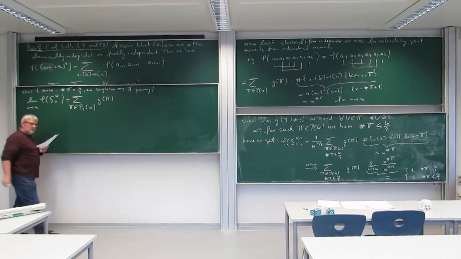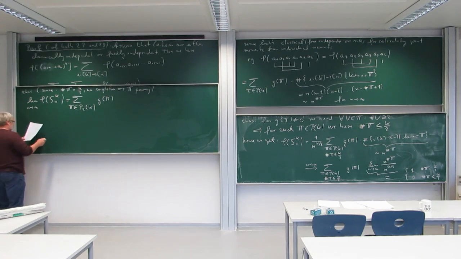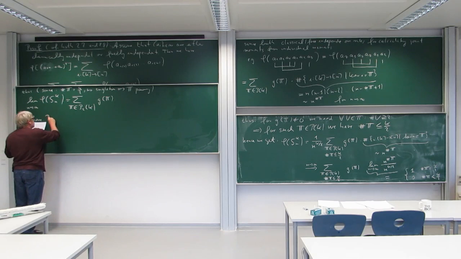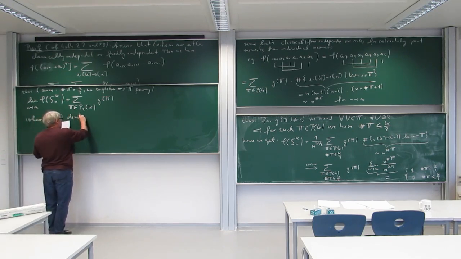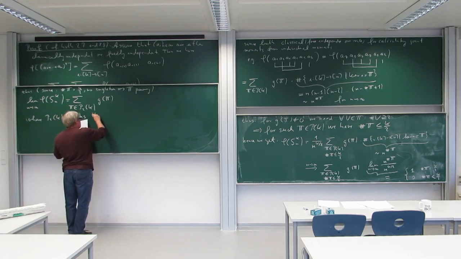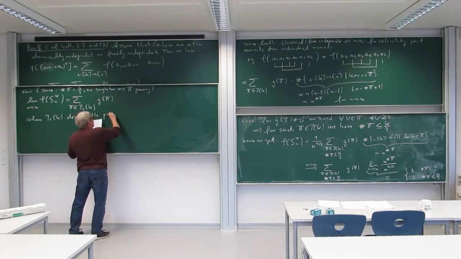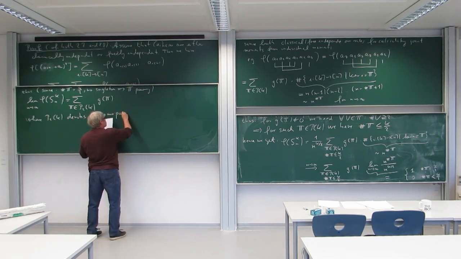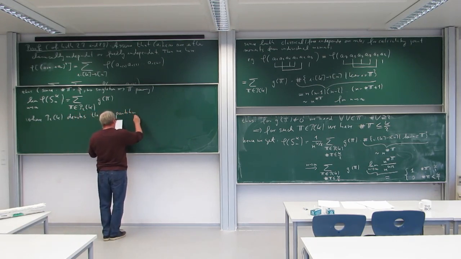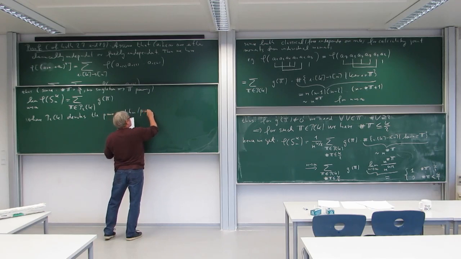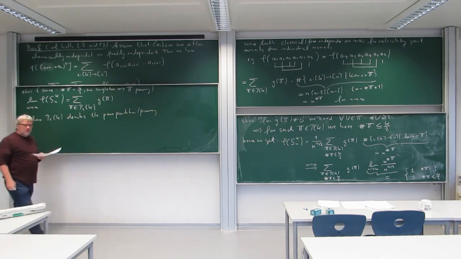And this p sub 2 of k, these are the pairings. P sub 2 of k denotes what I'm going to call either a pair partition or a pairing, a partition where each block contains 2 elements.